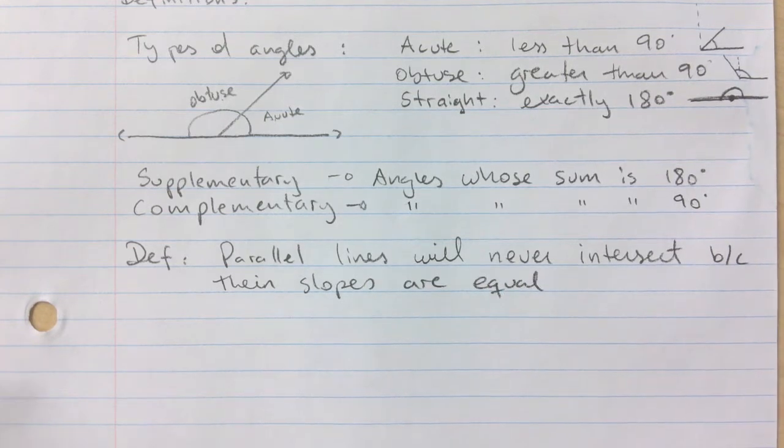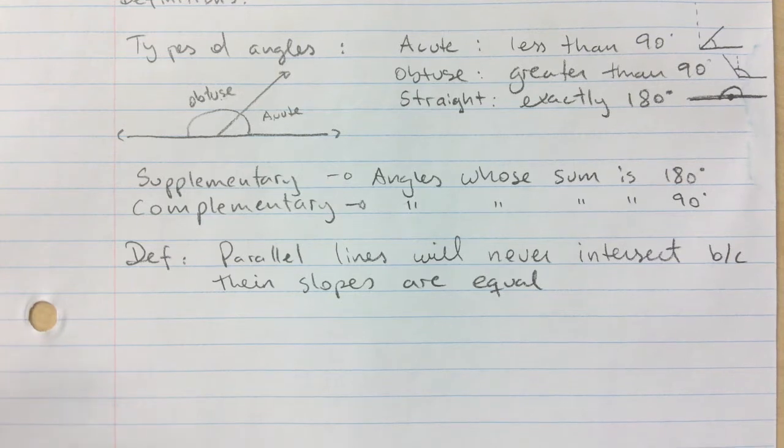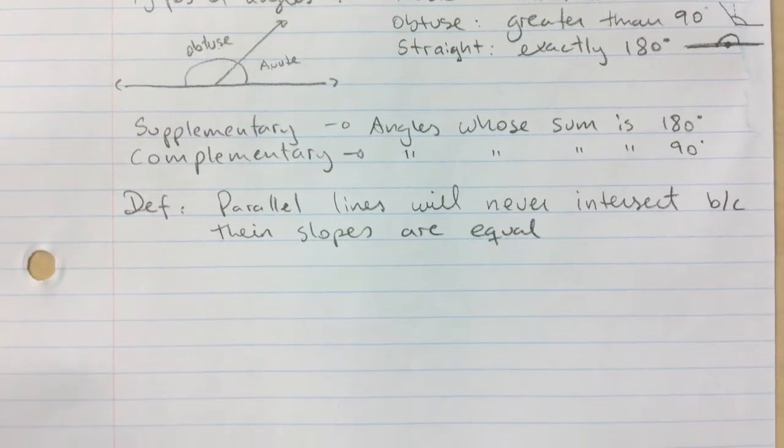You remember slope, rise over run? And if you had two lines that had the same slope, that system would not have a solution, because they would never meet. And so the same thing here, parallel lines will never meet because of their equal slopes.